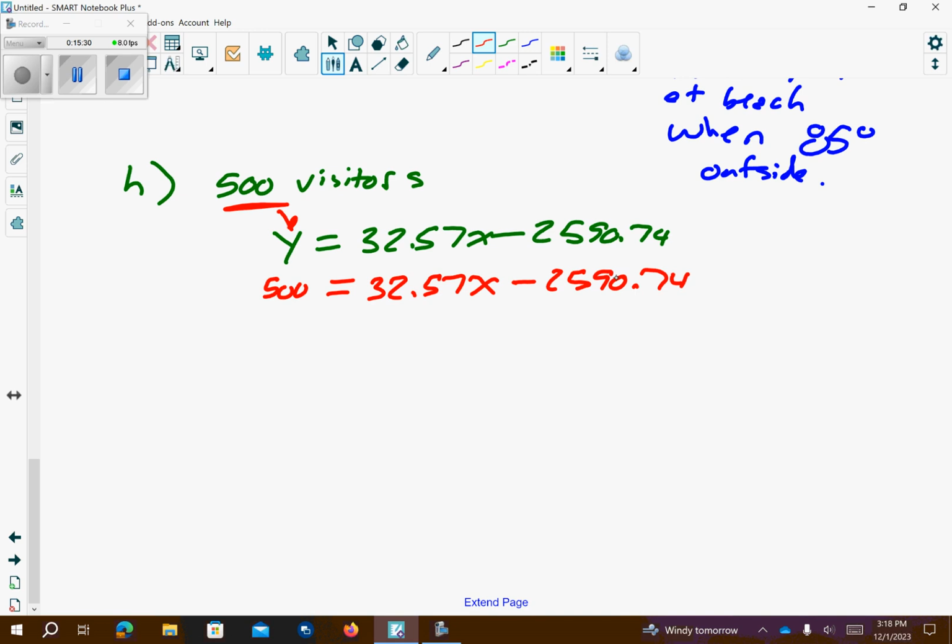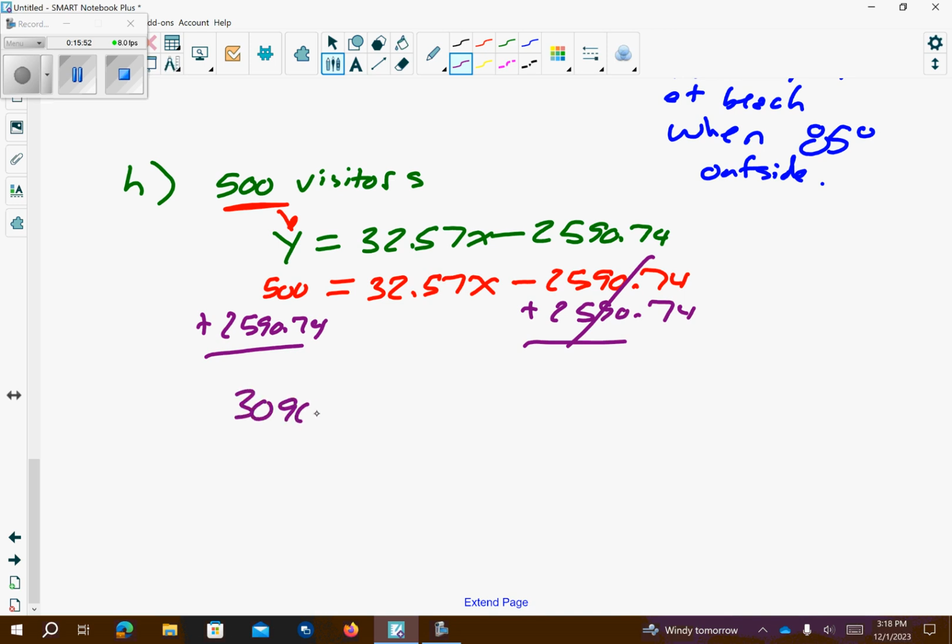And then we're just going to work out the problem. Add 2590.74, add 2590.74. So these cancel out over here. So 2590.74 plus 500 is 3090.74.